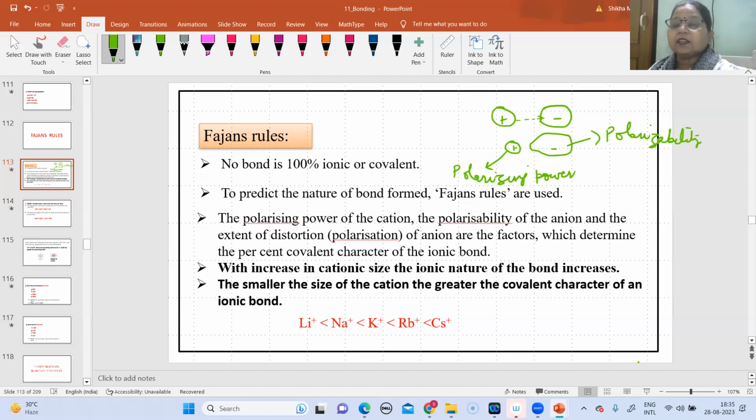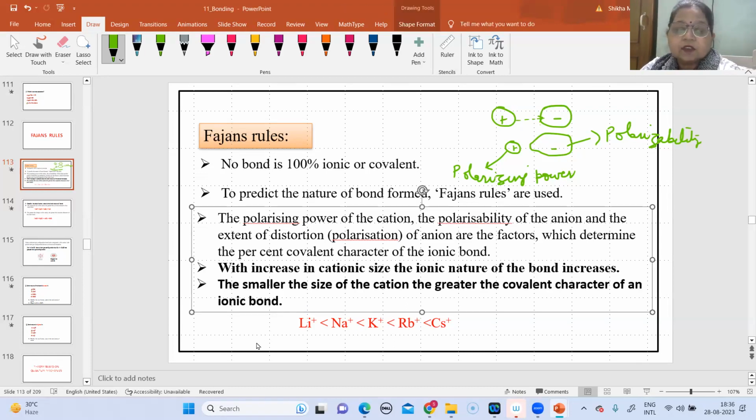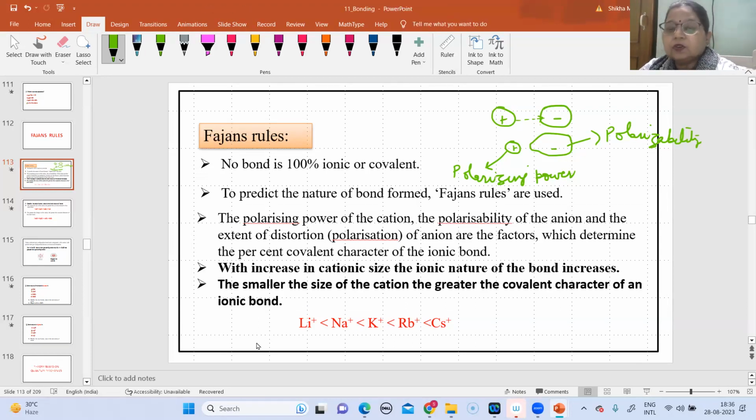We call it the distortion or polarization of the cloud. It becomes more of a sharing, not defined or put in their own shells, but now being shared between two, right?